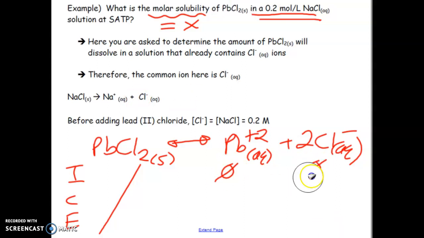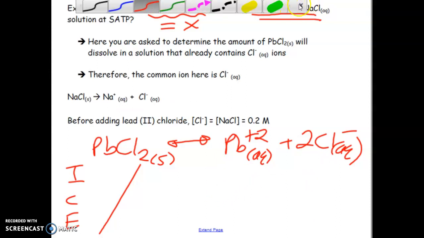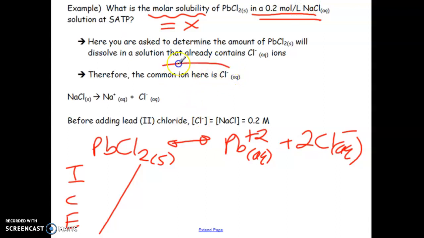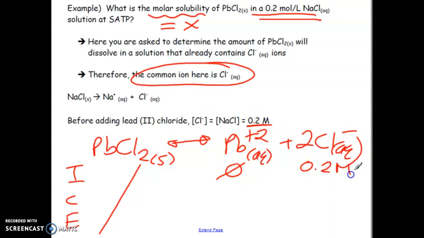However, because we have a solution with a common ion, there is already chloride present. So what that means is, yes, we will have 0 lead at the start, but actually we will have 0.2 moles per liter of chloride already there. The change is still the same, right?